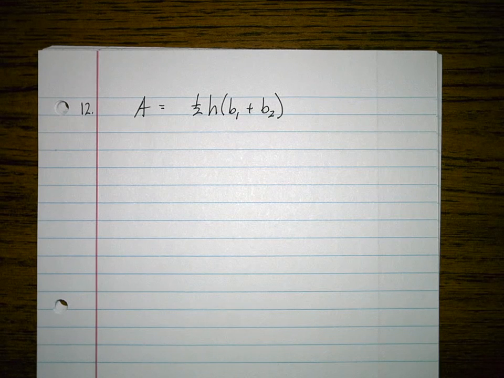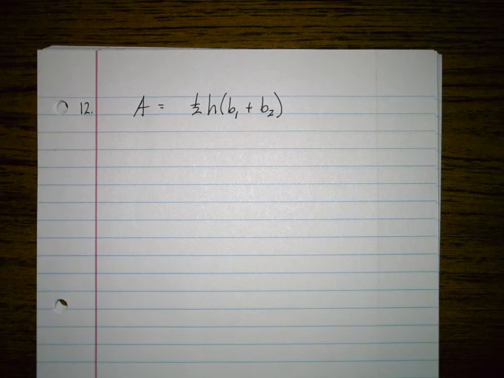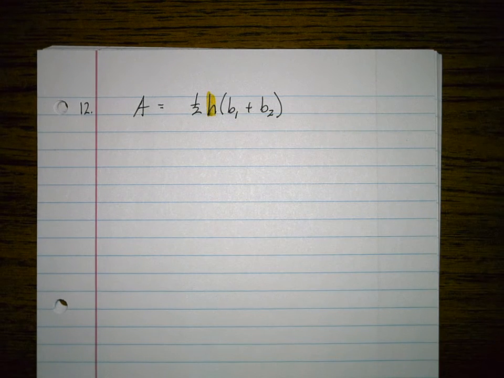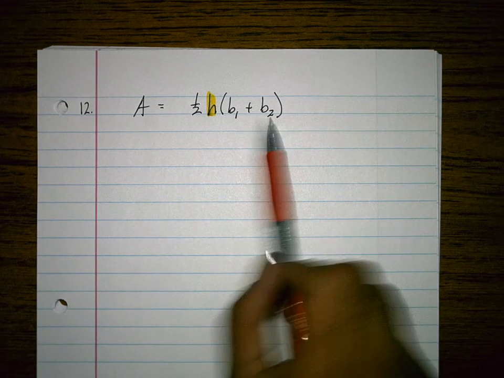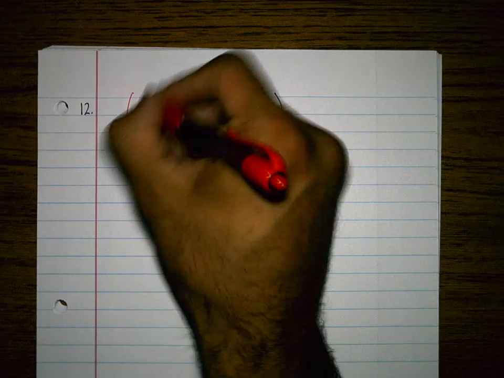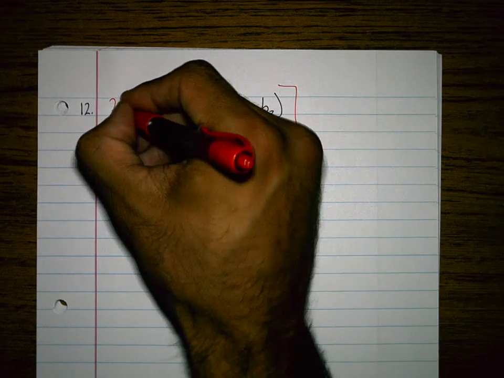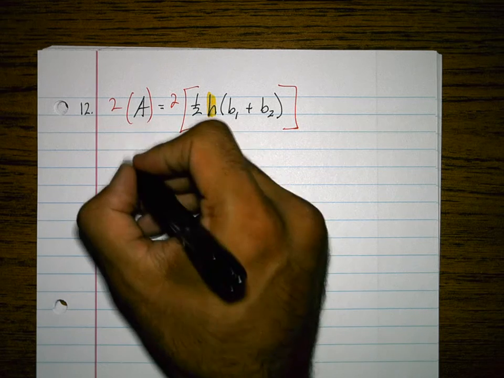Okay, and we're trying to solve for h. So I really want to get that variable by itself. That's what my goal is. So I got to get rid of this b1 plus b2 and this half. So I'm going to go ahead and get rid of the half first. So I'm going to multiply both sides by 2. Okay. So it gives me 2a.